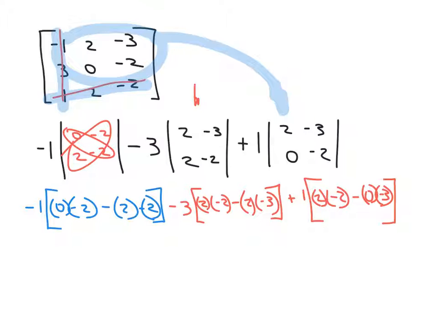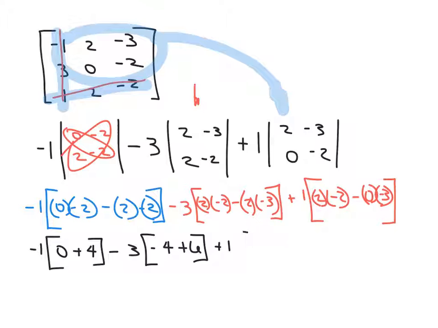Now I just start putting this stuff together here. I've got negative 1, and here I've got 0 plus 4, minus 3 times negative 4 plus 6, plus 1 times negative 4, minus 0, basically.